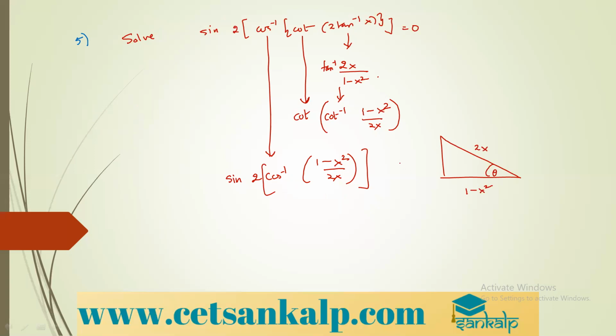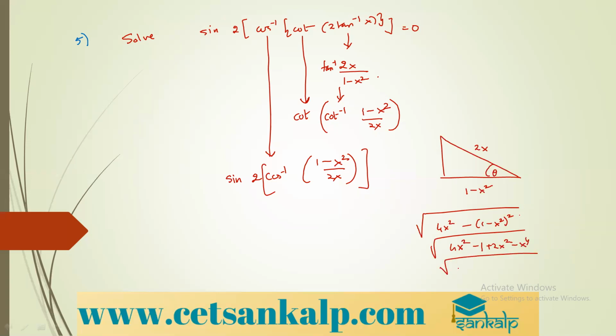So using Pythagoras theorem, you can say what will be the third side. How? You can take square root of 4x square minus 1 minus x square whole square. That is 4x square minus 1 plus 2x square minus x power 4.